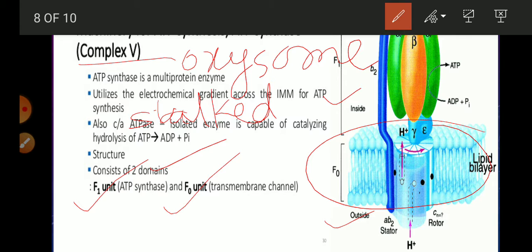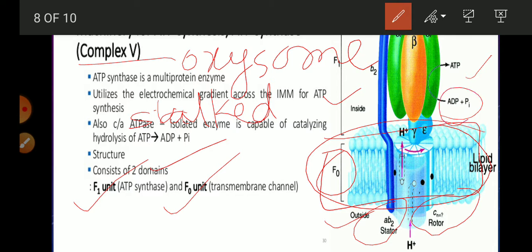If we see the F naught and F1 particles, the F naught particle is embedded in the lipid bilayer, and it is composed of a rotor and stator, which drive the force of protons from outside to inside the membrane, to the matrix. The F1 particle is called the head, and here ADP is phosphorylated into ATP.